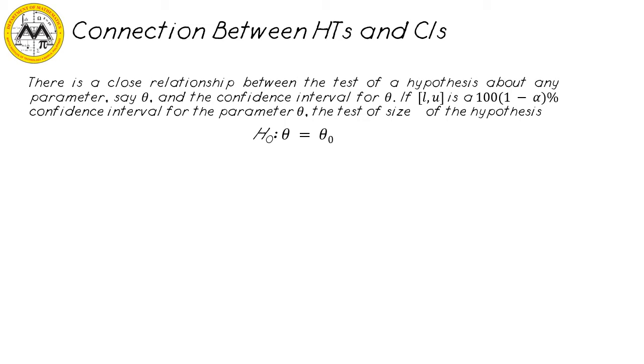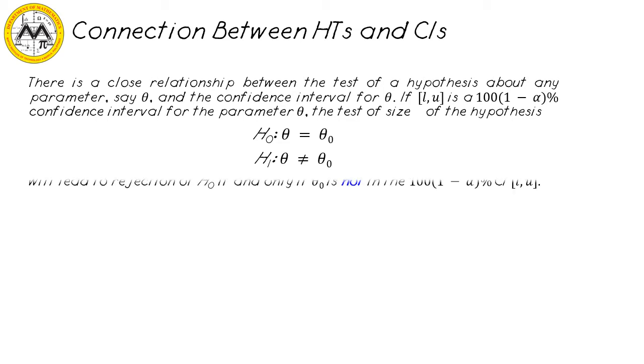If the closed interval from lower to upper is a 100 times (1 minus alpha) percent confidence interval for the parameter theta, the test of size alpha of the hypothesis H null equal to theta sub 0, and H1 equal to theta not equal to theta 0, would lead to the rejection of H null if and only if theta 0 is not in the 100 times (1 minus alpha) percent confidence interval from the lower to upper limit.